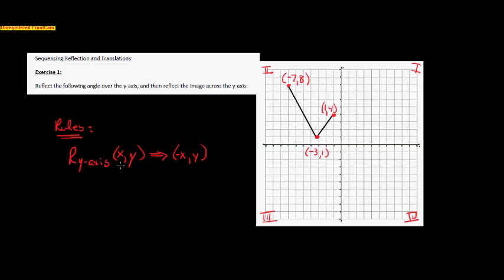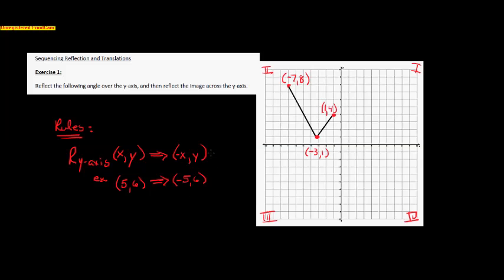If it starts as a negative, it ends up as a positive, and if it starts as a positive, it ends up as a negative. As a very quick example, if I start out with the point 5, 6, and I reflect it over the y-axis, it simply turns it to -5, 6.